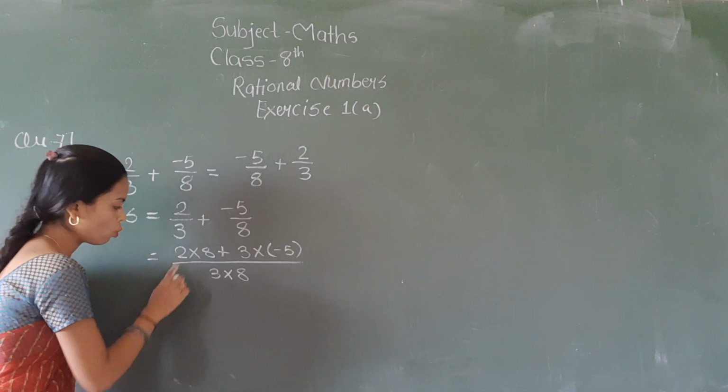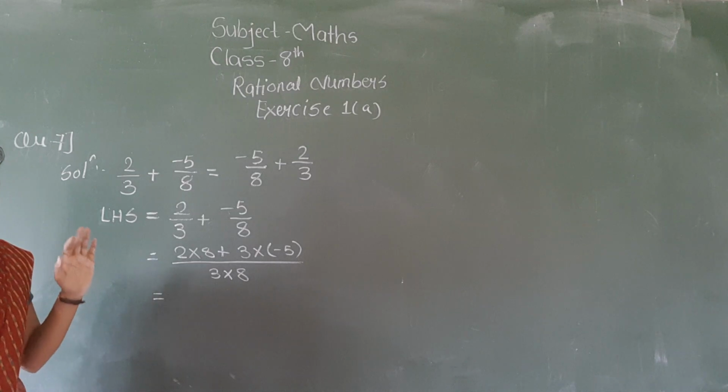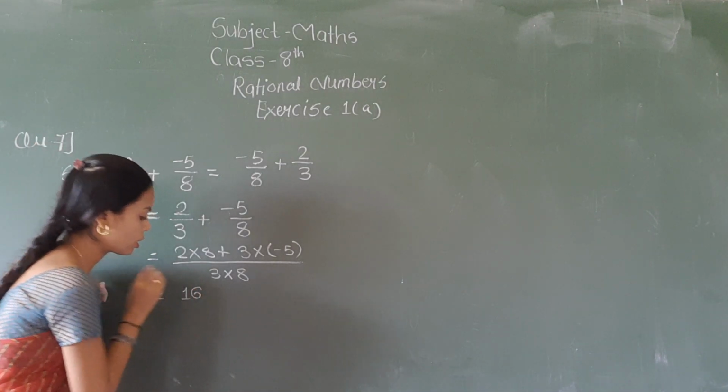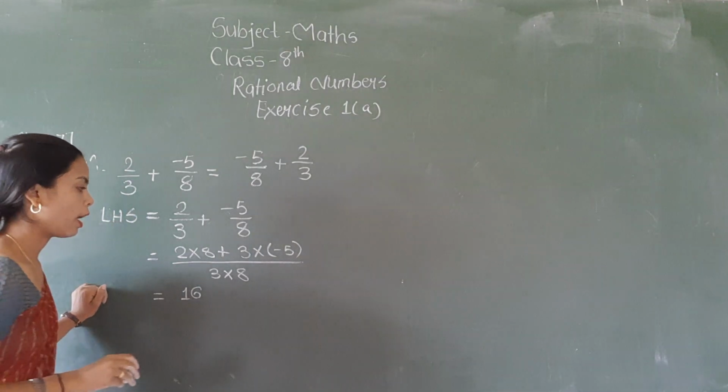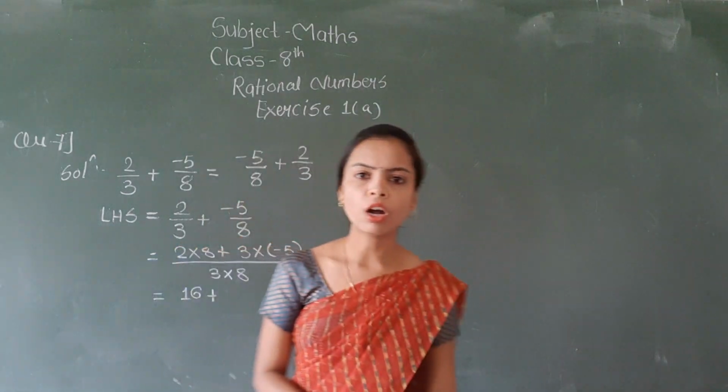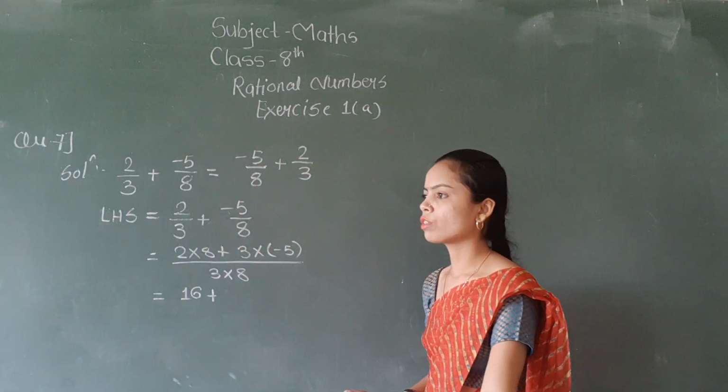First, 2 into 8 is equals to 16, and 3 into minus 5 is equals to how much? Tell me.